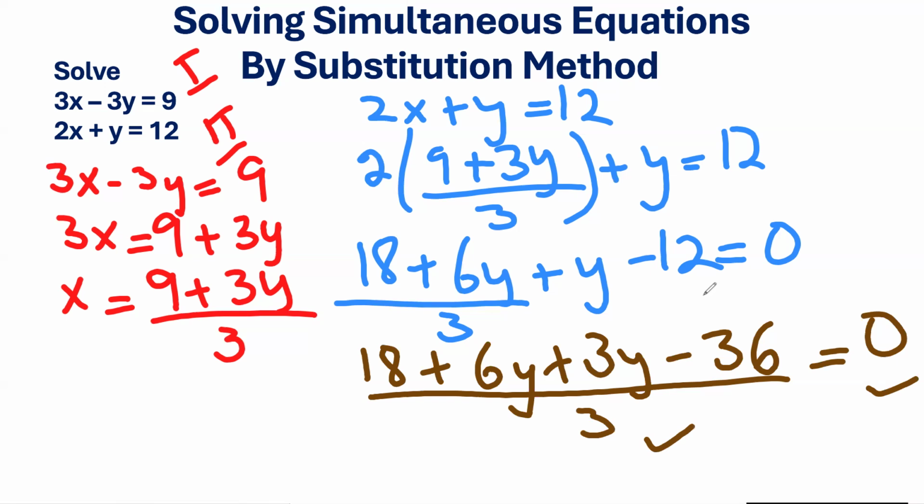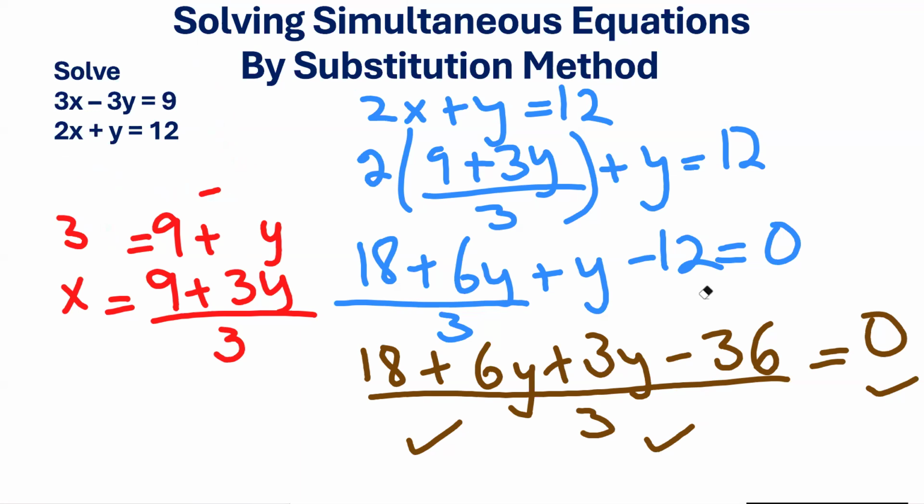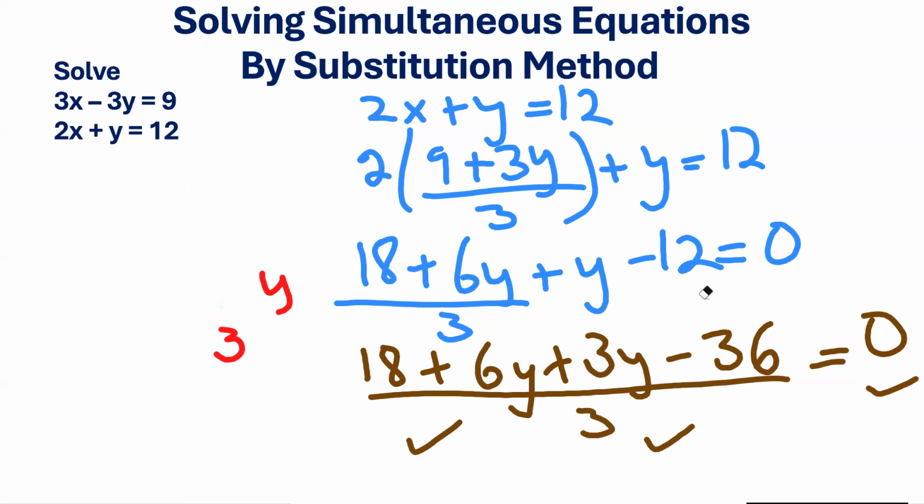After taking LCM, which is 3, the numerator is 18 plus 6y plus 3y minus 36 equals 0.